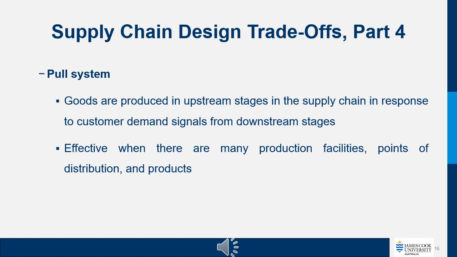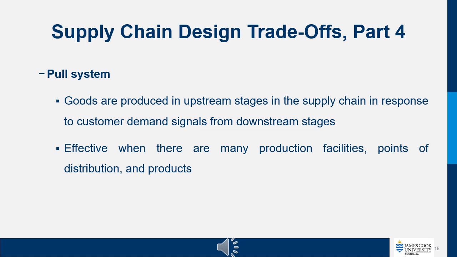Pull systems are effective when there are multiple production facilities, points of distribution, and products with varying demand patterns. By aligning production with actual demand, organizations can reduce the risk of excess inventory and improve overall supply chain responsiveness.